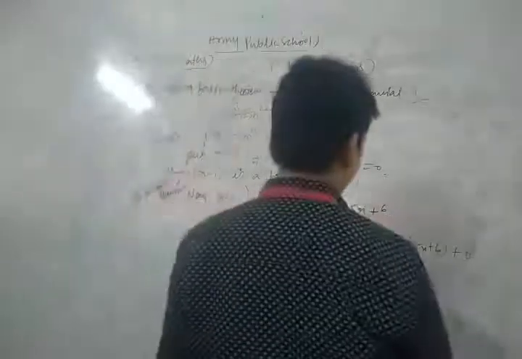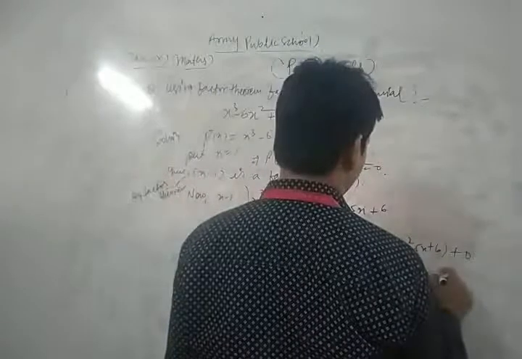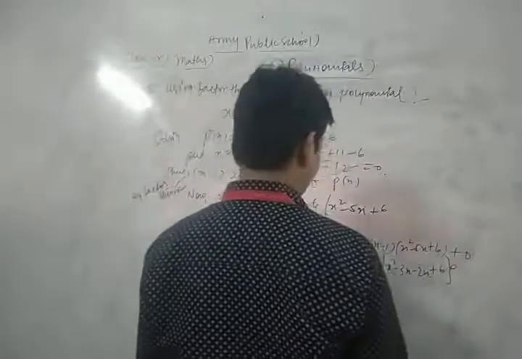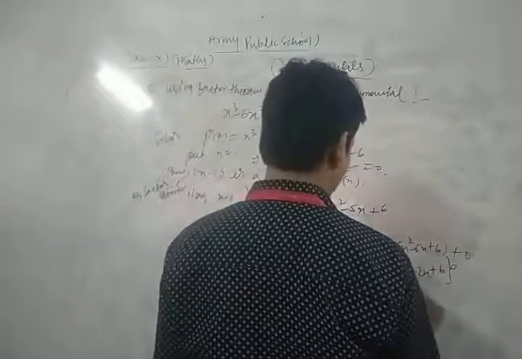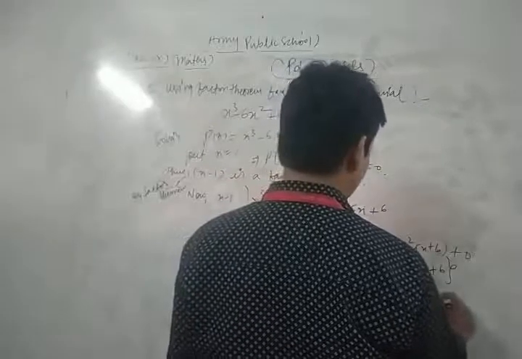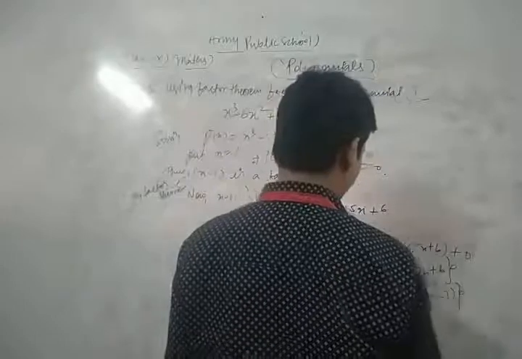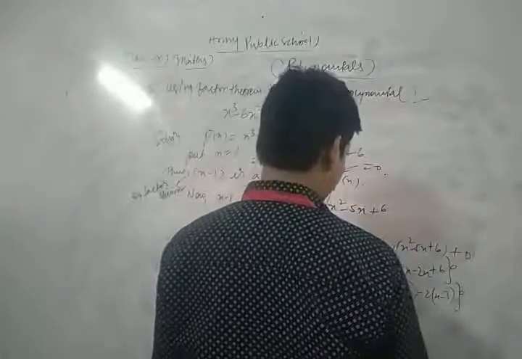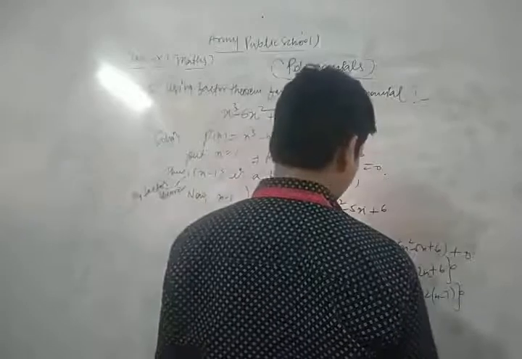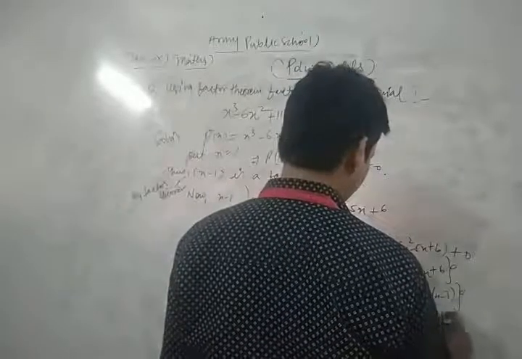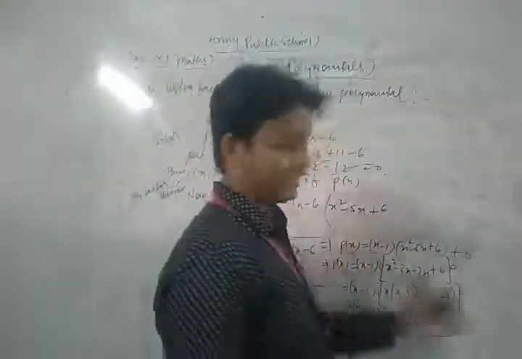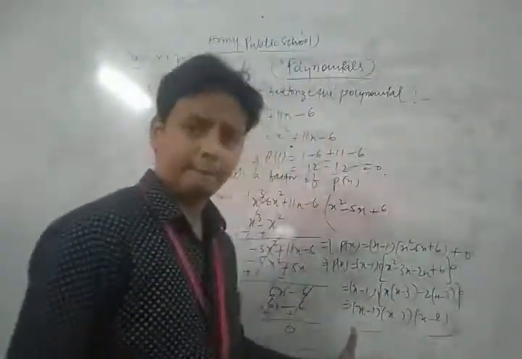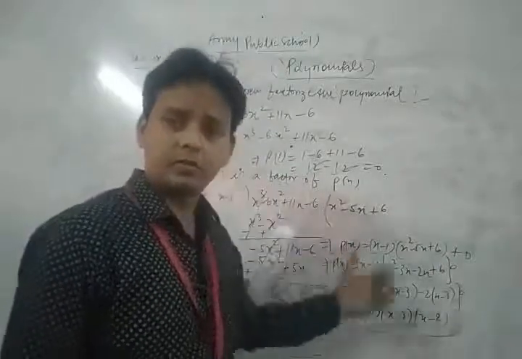x square minus 3x minus 2x plus 6. We take x common, x minus 3, and minus 2 times minus 3 is 6, so we get x minus 1, x minus 3, x minus 2. Thus, in this way, dear student, using factor theorem we factorize the given polynomial.